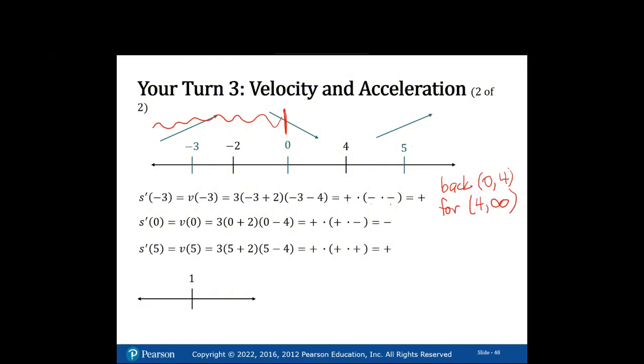Second question, when is the car speeding up or slowing down? So that has to do with acceleration, right? Am I hitting the gas or am I letting off the gas? So we had our acceleration equation.